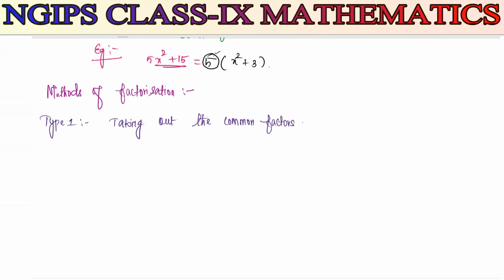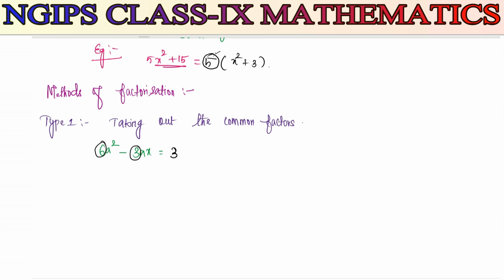Just I am going to take an example here: 6a square minus 3a. So this is a polynomial. When each term of the given expression contains a common factor, we first look into the numbers. When you take the numbers 6 and 3, I can take 3 as the common number.